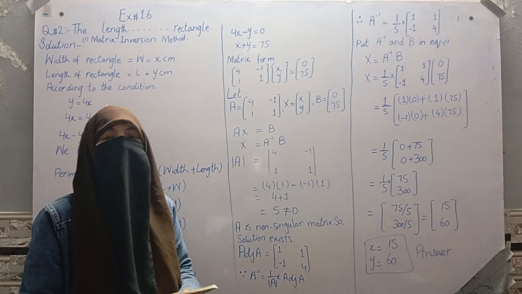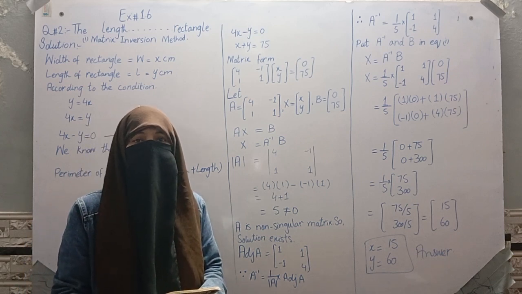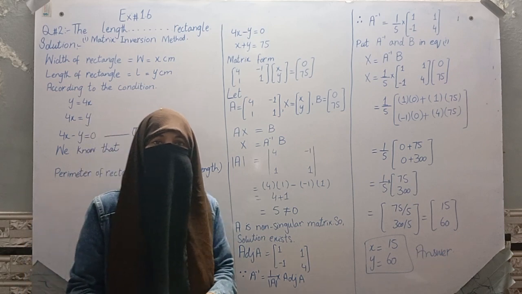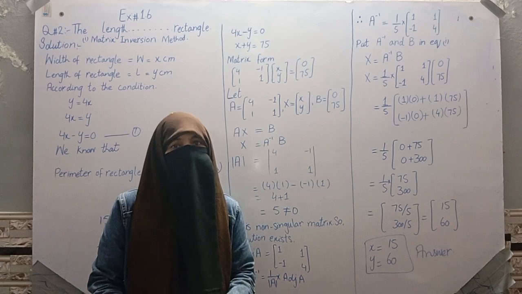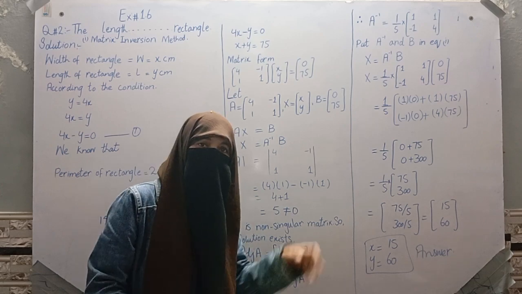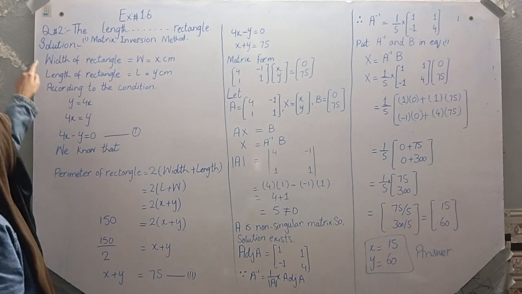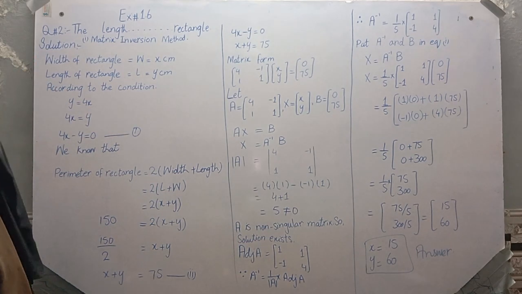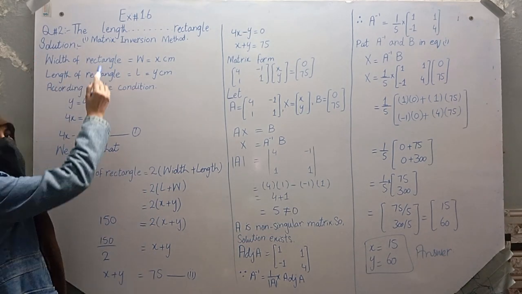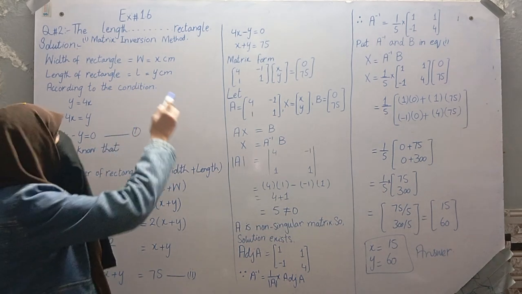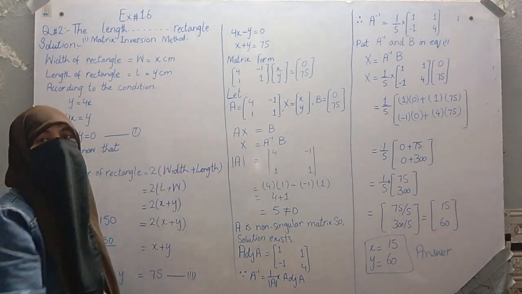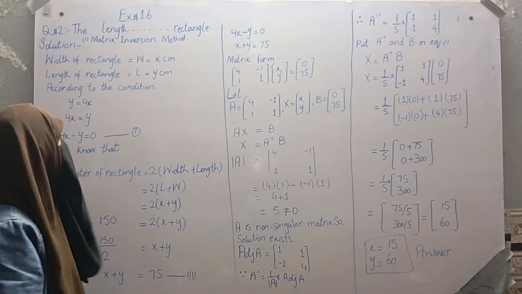First of all, we have to understand what the length and the width of the rectangle are. Then we find the dimensions. Here I write the solution heading. Now I write the width of the rectangle, and we denote the width with W. Suppose W is x centimeters.